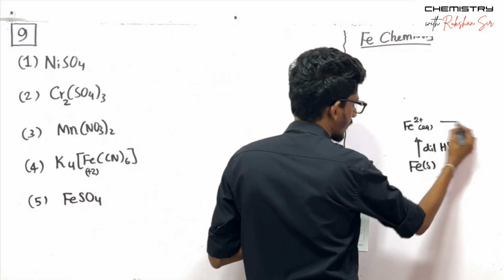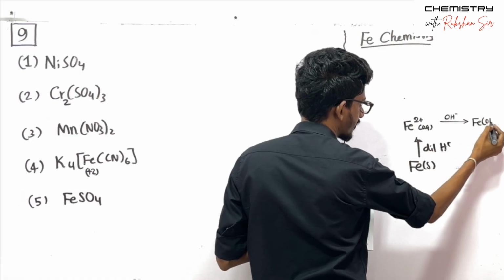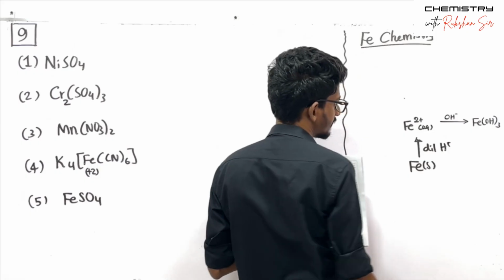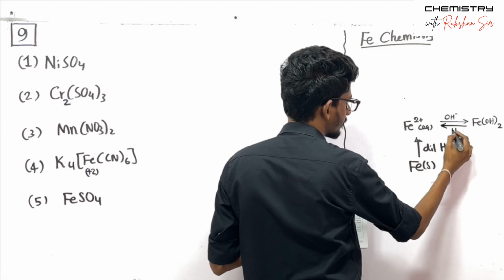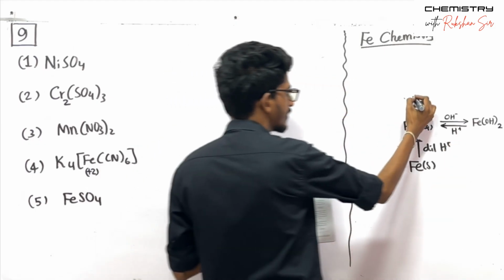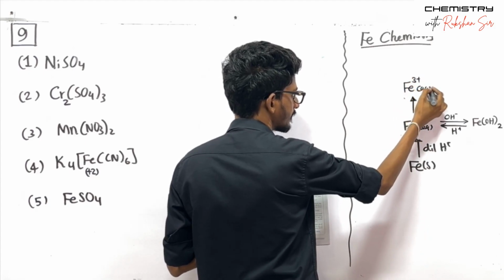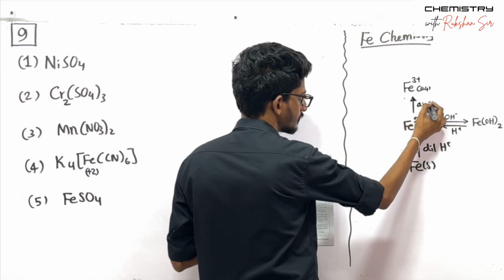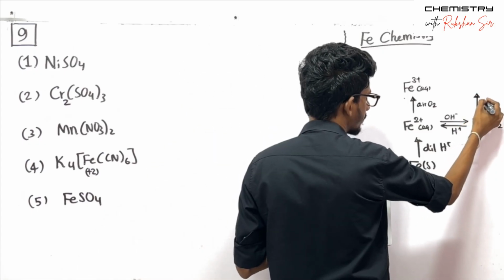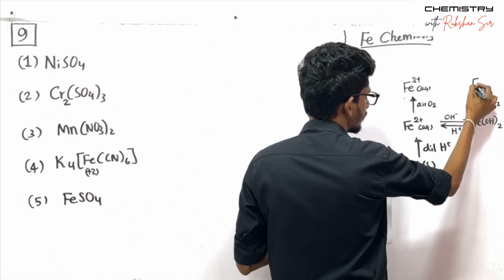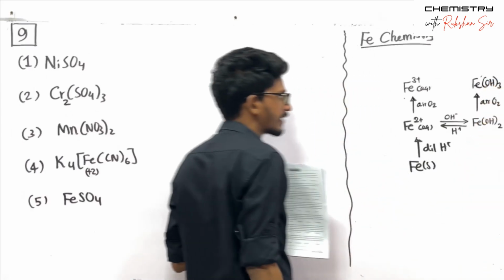Give me some OH minus, it will convert it to Fe(OH)2. And air oxidation will convert this to Fe3 plus aqueous. And this also air oxidizes to Fe3 plus hydroxide precipitate.